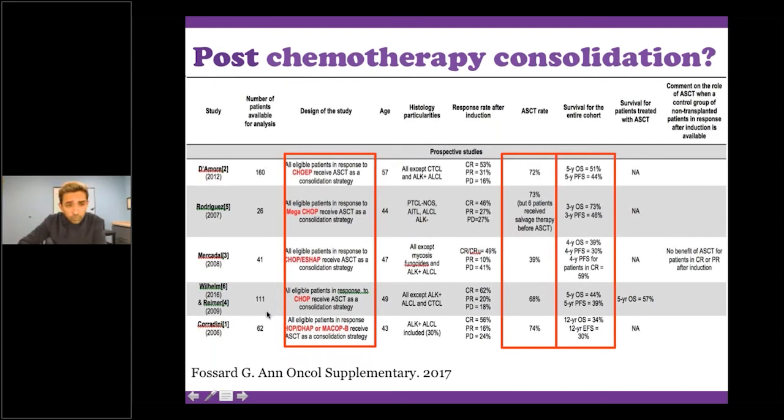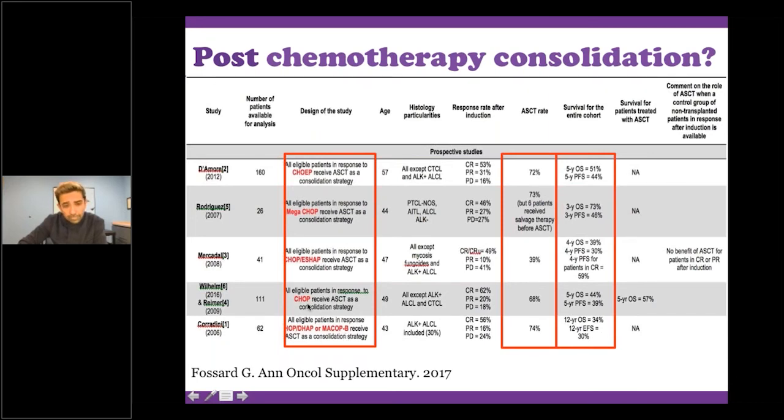Again, these are just a couple of studies that looked at the benefit of adding a transplant. For example, this group gave CHOEP first, followed by transplant. This group gave mega CHOP, followed by transplant.